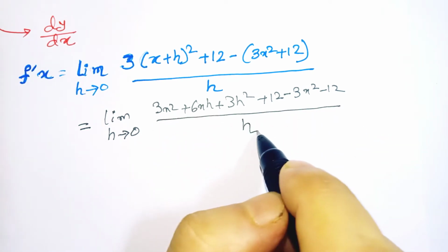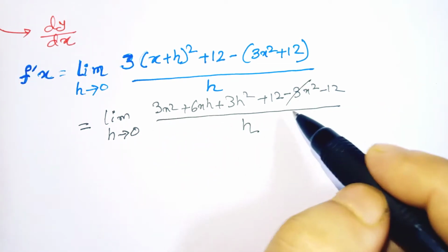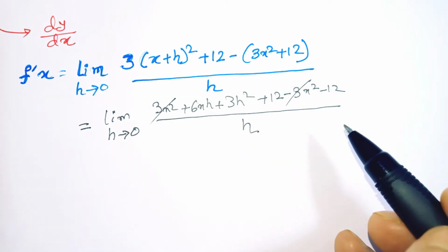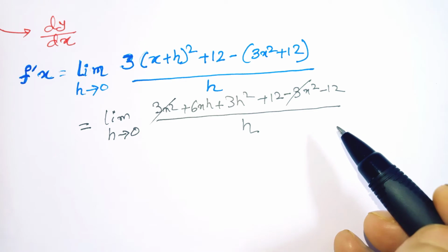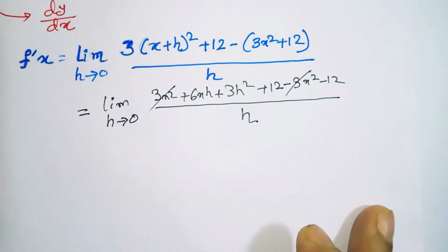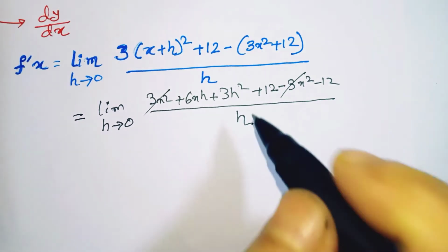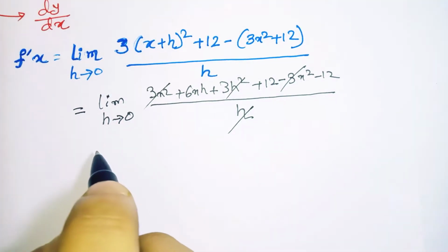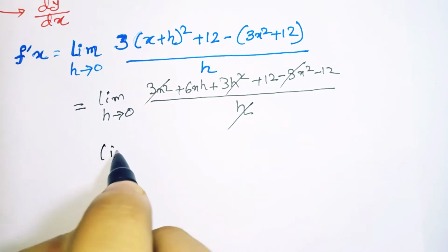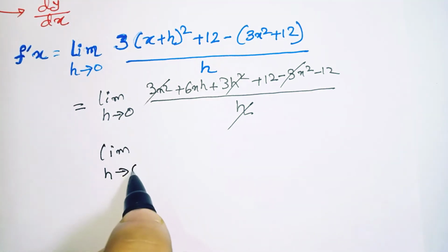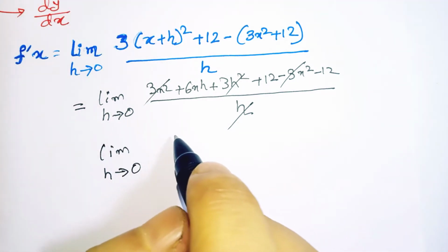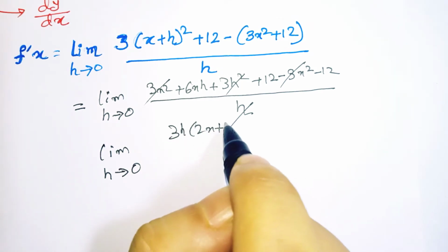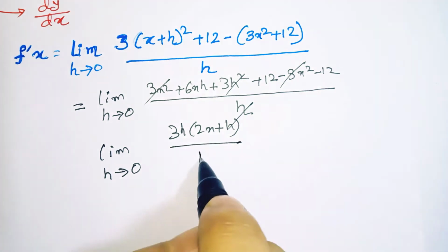whole divided by h. And what we see is that 3x squared cancels out, and 12 cancels out. What is remaining is the limit of h moving towards 0, and on the numerator we get 3h(2x plus h), whole divided by h.